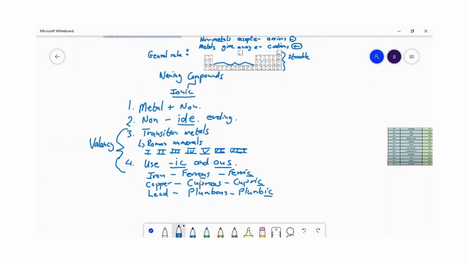These would all obviously be positive charges, because the metals give away their electrons and form positive ions. So if we had iron 2 oxide and iron 3 oxide, we would be able to determine that by identifying this OUS and IC ending.